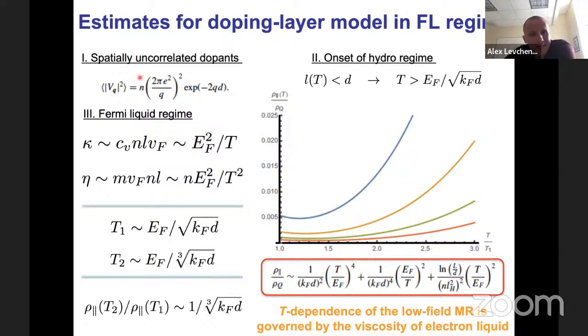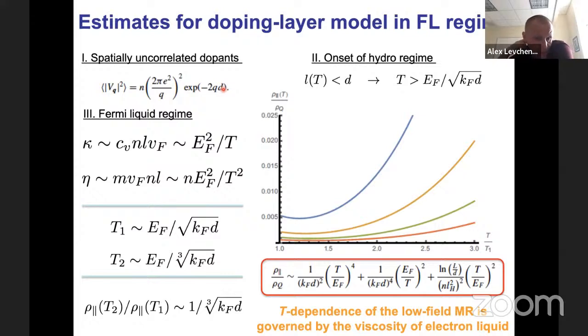In order to consider a concrete disorder model, I will assume that there is a doping layer underneath the electron system. This doping layer creates a screened Coulomb potential, where D here is the distance from the doping layer to the 2D system. And we will do this averaging.